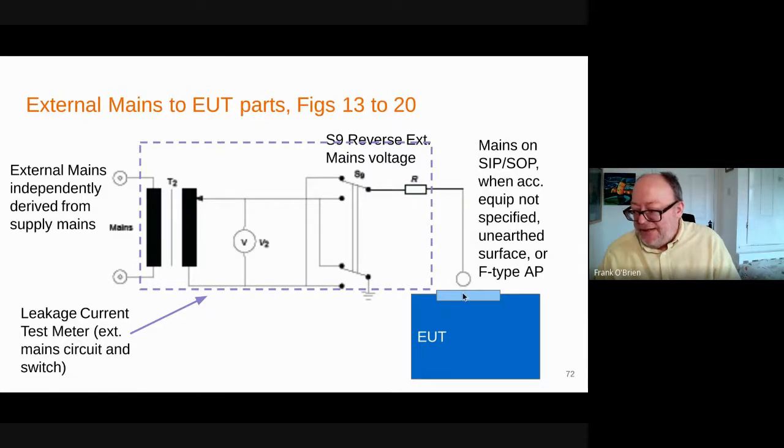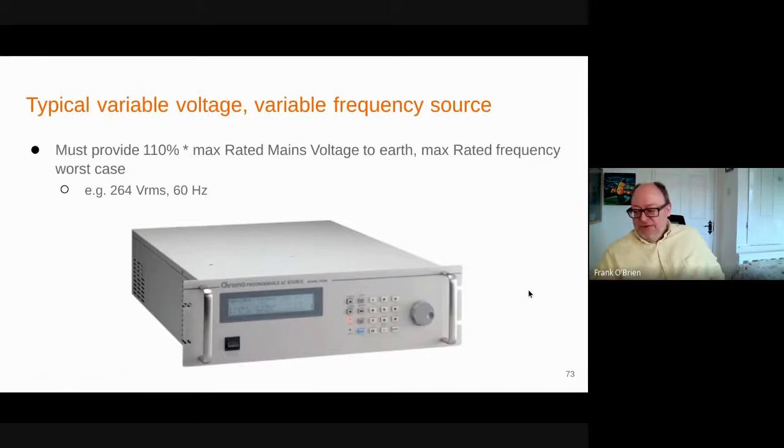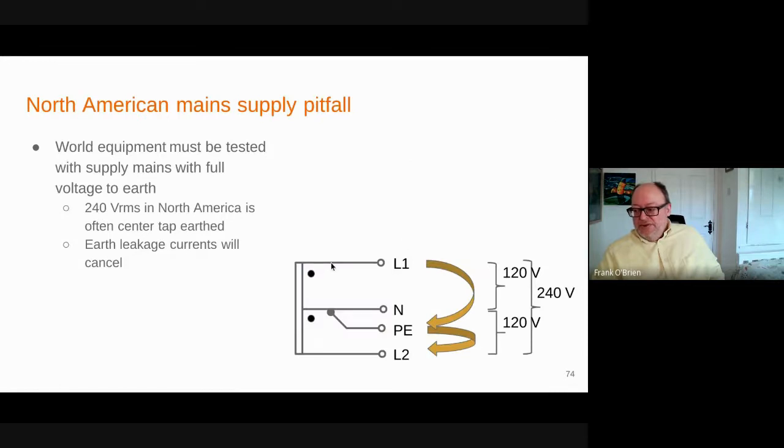And then that gets applied, and it's 10% rated. So you can buy nice power sources with the voltage frequency you want. You never want to test it on an American center tap to 240 or in Canada.